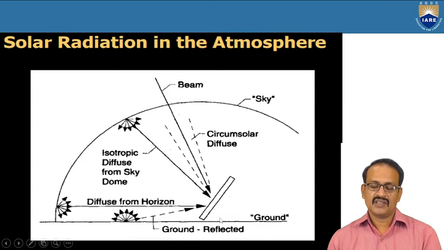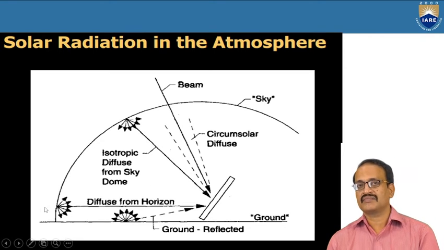So this is a solar panel. This has come directly, and this is not direct, it's somewhat diffuse: isotropic diffuse, circumsolar diffuse, and diffuse from the horizon.